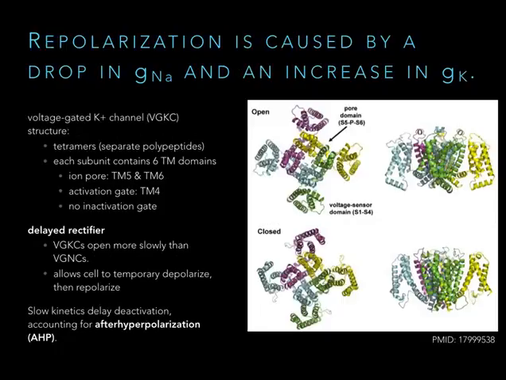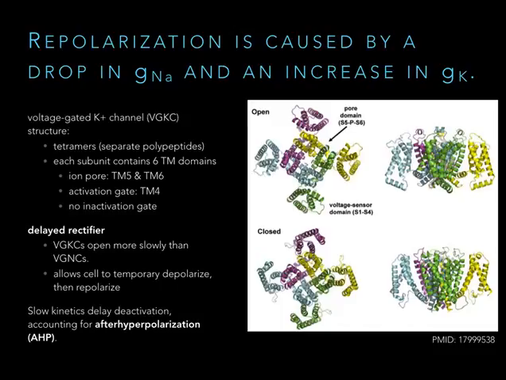They have a very similar structure to voltage-gated sodium channels, except they're not made of one polypeptide, they're made of several polypeptides. So it's not 4 different domains, it's 4 different peptides. Each of them has 6 transmembrane domains, very similar to voltage-gated sodium channels. Transmembrane domains 5 and 6 line the pore.